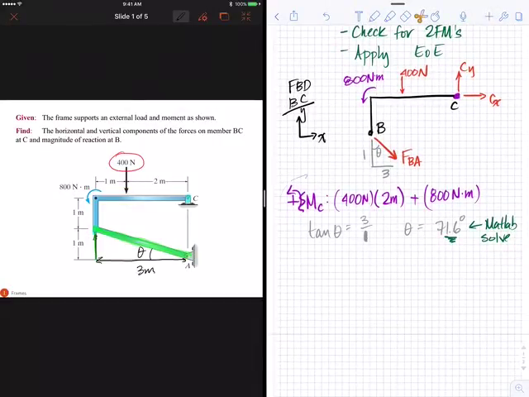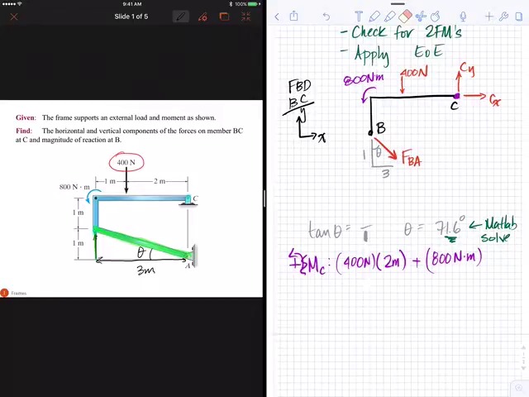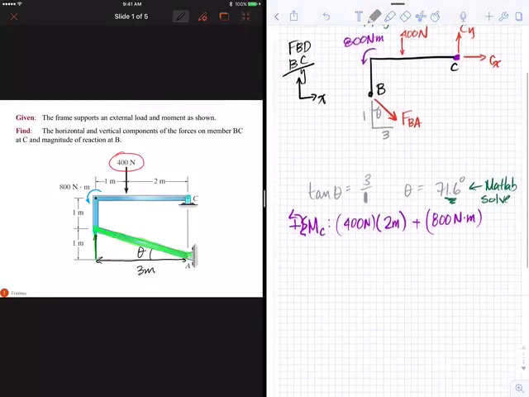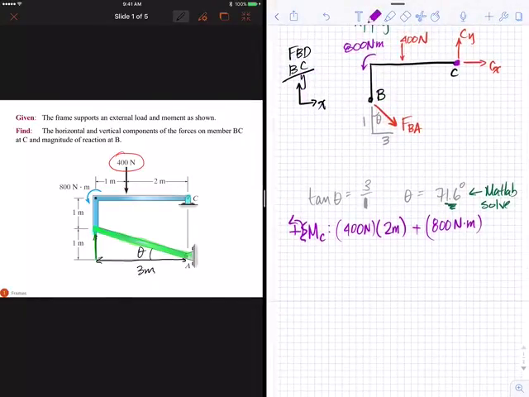All right, so let me move my moment equation down here. So this was the 3. All right, so now we know what that theta is, right? So the x component of this is going to be FBA sine theta.